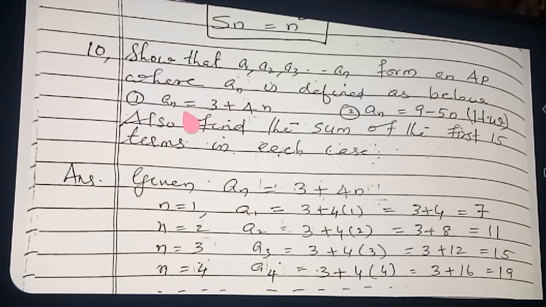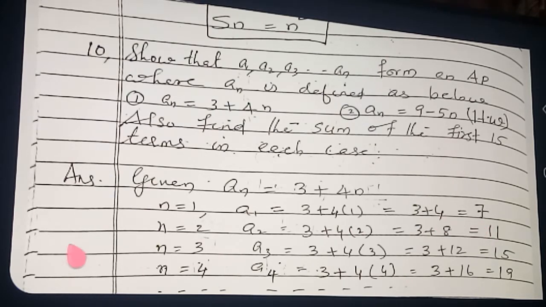A1 means what? First term. So in the place of n, you replace by 1. Wherever n is there, it is all replaced. So n is equal to 1. A1 is equal to 3 plus 4 into 1. That is 3 plus 4, 7.